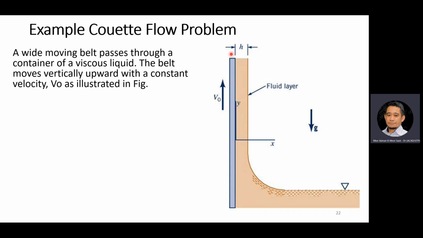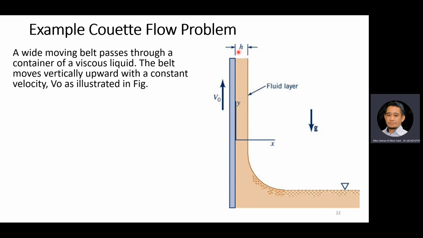Here is the case that the figure shows, that a thin film is developed with a thickness of h, so fluid thickness of h here. And again, this is a steady state. Even though in reality, if you go up, the thin film will fall down, but here it is in steady state, so everything is steady. The belt moves up, but we analyze this in a steady state.